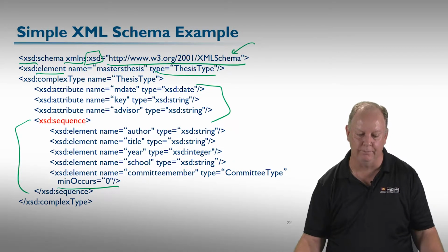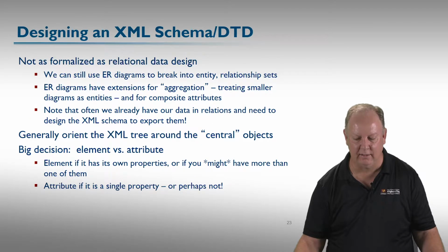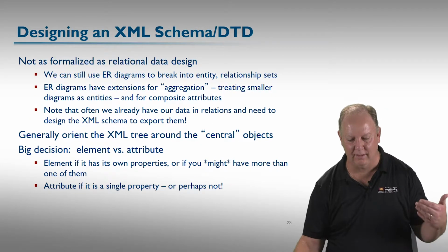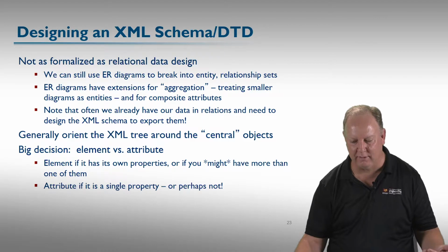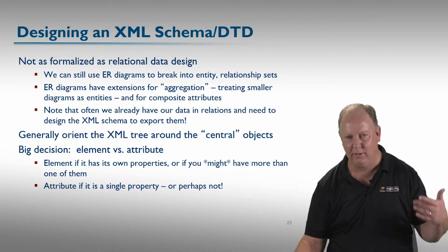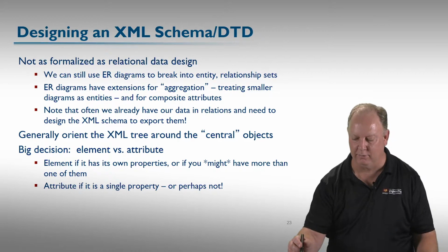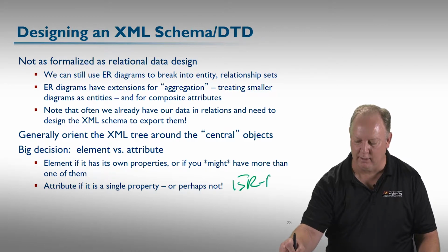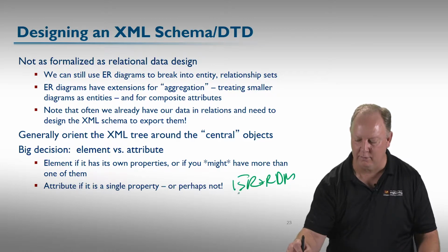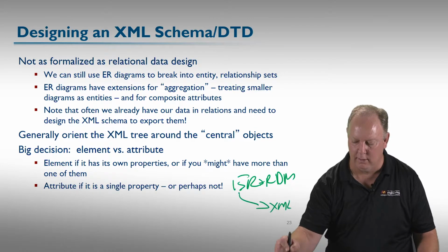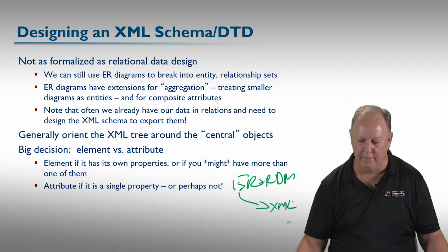Designing an XML schema or DTD, that approach isn't as formalized as relational data design. I mean, you could still do things like your ER diagram, right? You learned ER diagrams, you learned ER diagrams to the relational data model, right? As an algorithmic transformation. Well, you could do this to XML as well. You can come up with that.